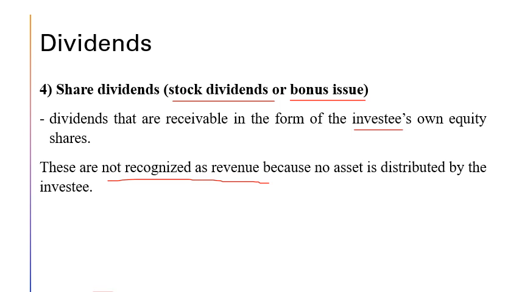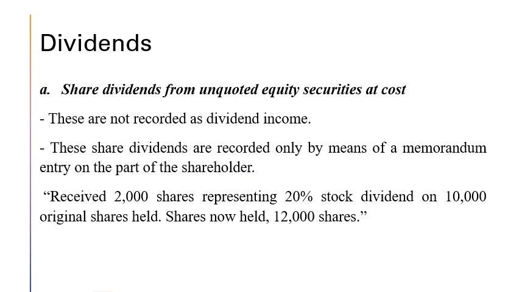That's why it's not considered as a dividend. So the share dividends could be arising from the unquoted equity securities, or it could be from securities that are measured at fair value through profit or loss, or it could be through OCI.